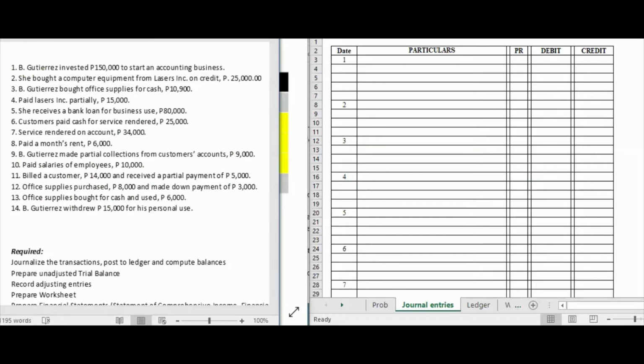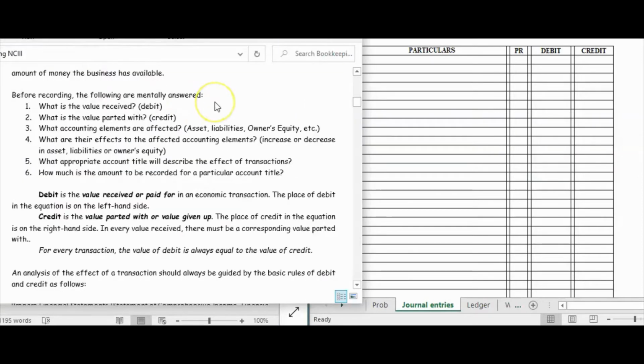Next, we have the following questions we should mentally answer kapag nagjo-journal entry tayo. Okay, una, ano yung na-receive ng business? Pangalawa, ano yung value parted with or i-credit counterpart nung na-receive mo? Pangatlo, what accounting elements are affected?